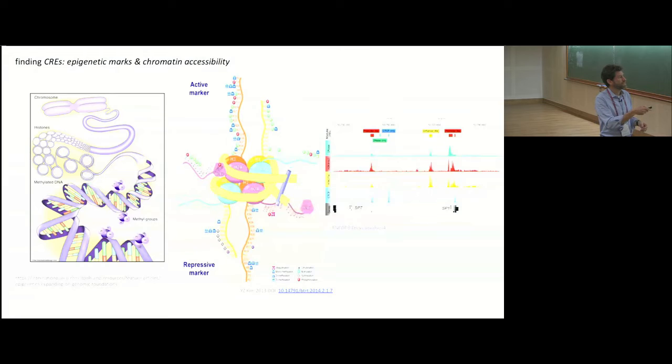Yes, that's the linear sequence of the DNA, with the modification that we have on the chromatin, the histone protein. Does it mean that the histone protein is always in the same location? That's a good point. The resolution of this is perhaps 100 base pairs or 200 base pairs.